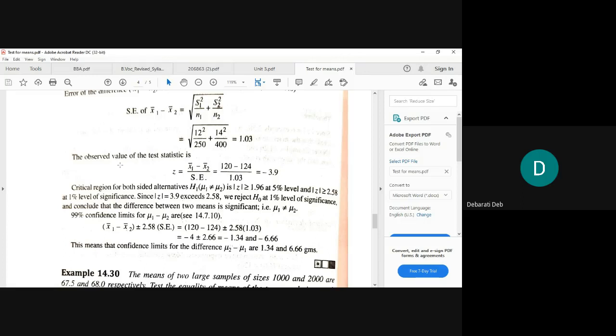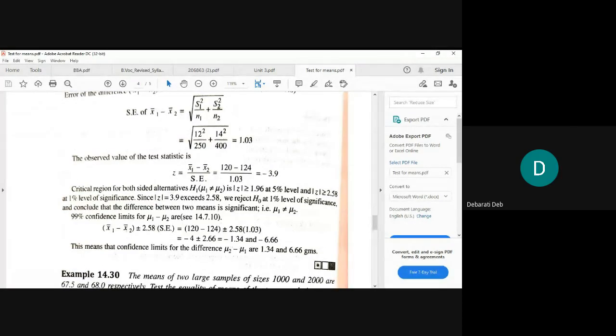And since we are taking mod, all minus signs become positive, because mod means no value can come in negative.